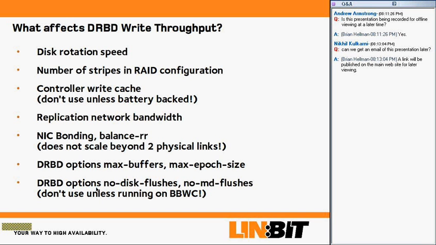And I can add the dry run flag here just to see what drbdadm is going to be doing. So in this case, it's just going to adjust that syncer setting here. And now I'm going to be running that exact same test again that I just ran.